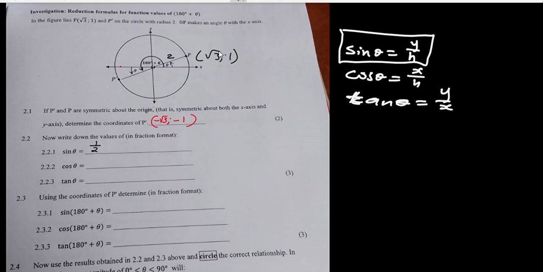Now we're going to do cos and then tan. So cos is going to be your x value, which is root 3 over 2. We are using this point, okay?